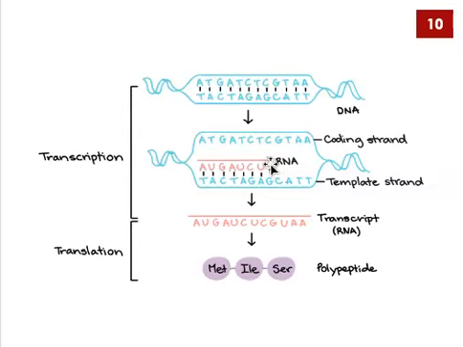The RNA will then be used to build a polypeptide. Remember, that's an unfolded protein. That polypeptide will eventually fold into a protein. So RNA is used to build, eventually, a protein. That's the process that we call translation. And it's that protein that ultimately forms that will give the organism a trait.